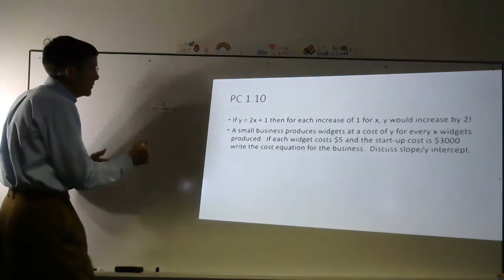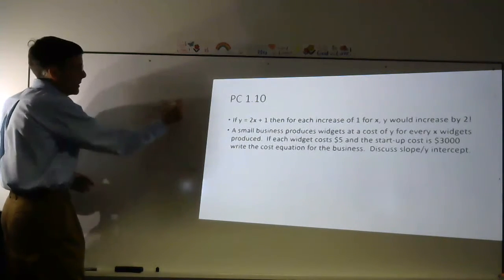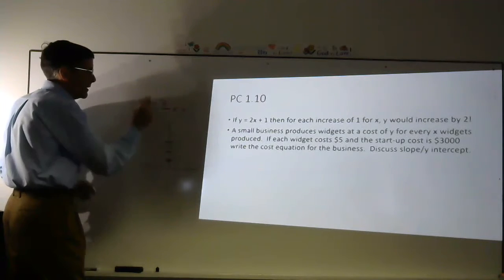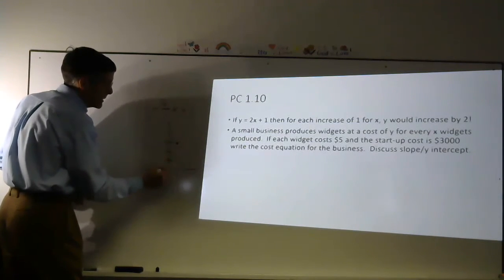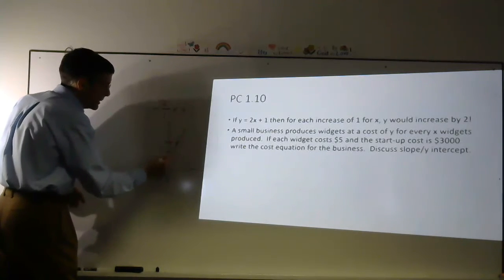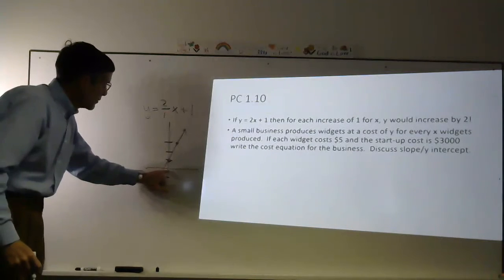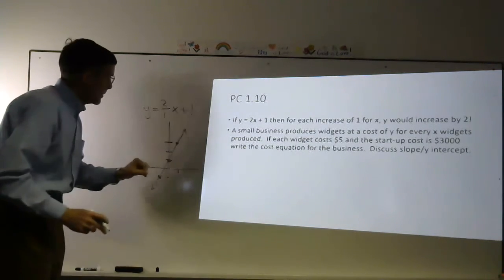Like, for instance, if you wanted to graph this, and I don't have graph paper, but I think we can do it, it's going to hit the y-axis at 1. The slope is up 2 and over 1, or down 2 and back 1. There's the line we're looking at. As x goes from 0 to 1, it increases by 1.